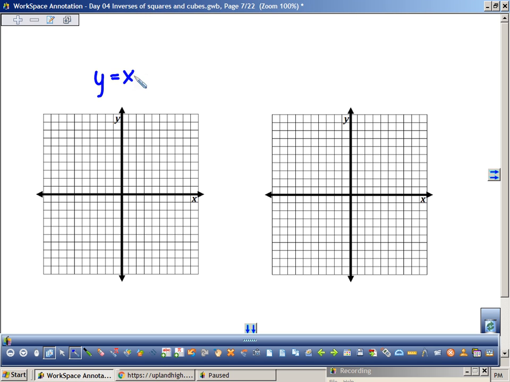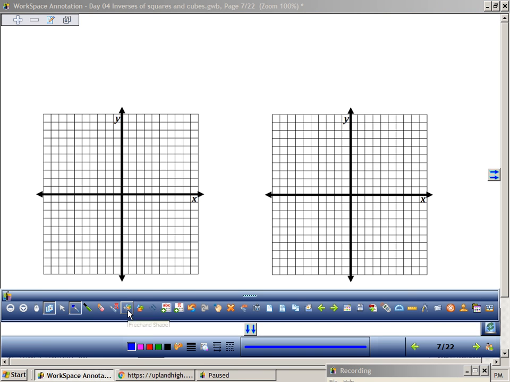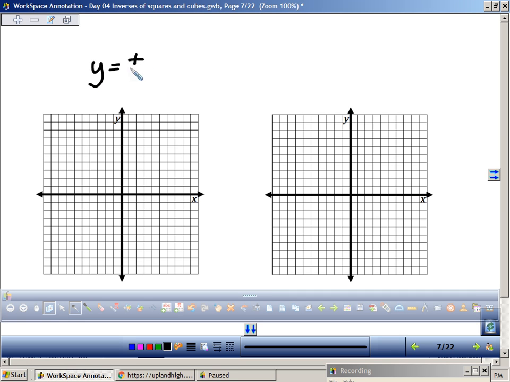All right, so if we have y equals x squared, we have a plus and a minus side of our x squared, correct? We have the plus side, which is this, and we have the minus side, which is this. Isn't that pretty?